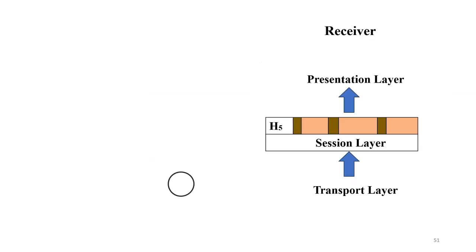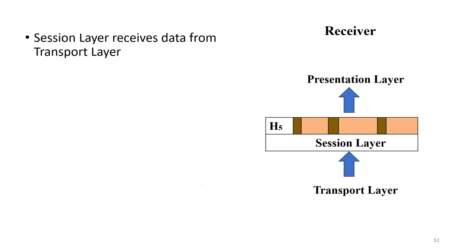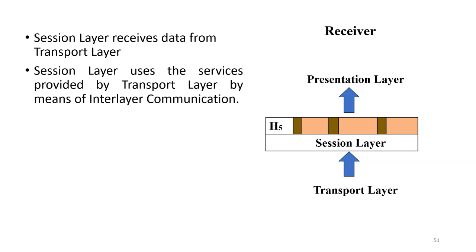At the receiver side, we can see that the session layer receives data from the transport layer. Here, the transport layer is the lower layer and the session layer is the upper layer. This means the session layer, which is the upper layer, uses the services provided by the lower layer, that is the transport layer, by means of interlayer communication.